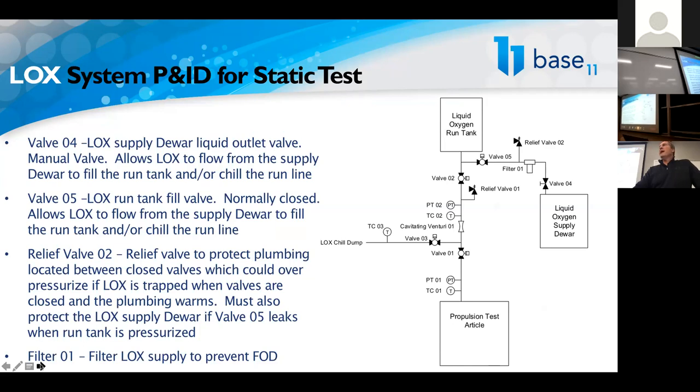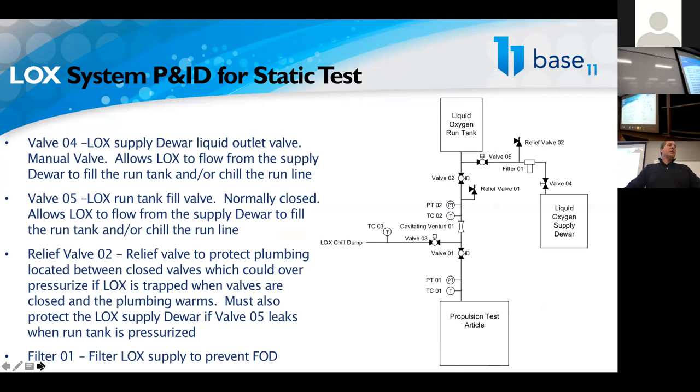Okay. Now, depending upon what you guys decide to do from a safety perspective, you might also even have to consider the operator screwing up and opening valve 5 with the system under pressure. Right?